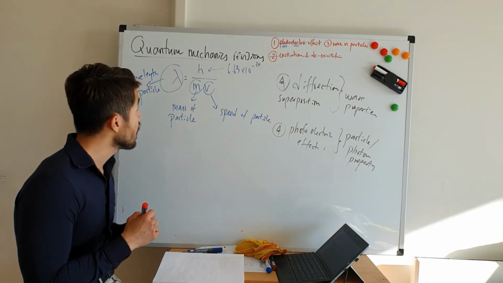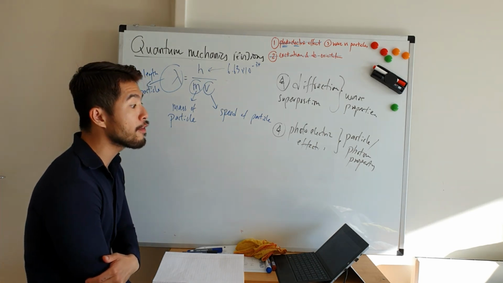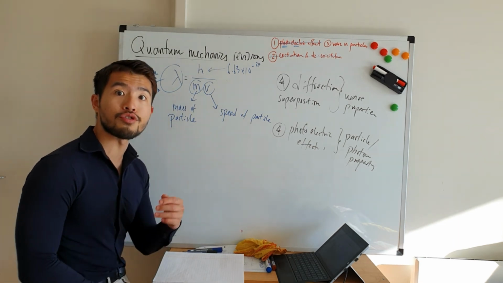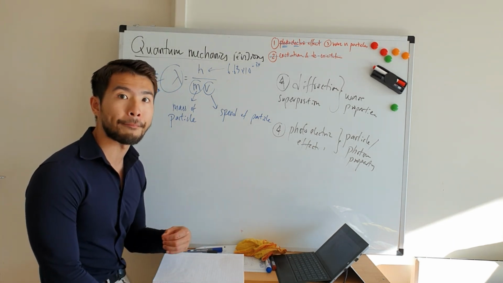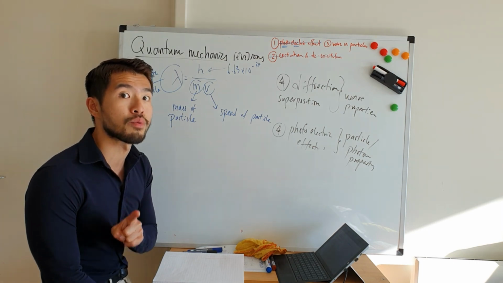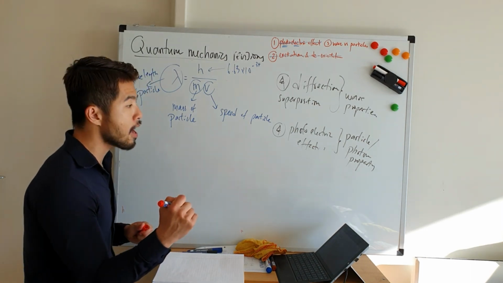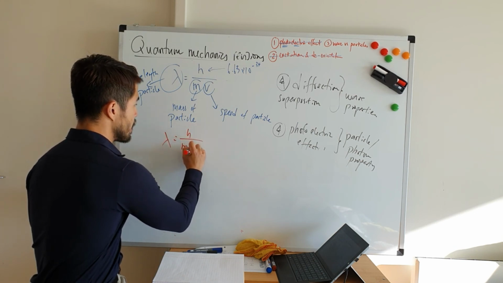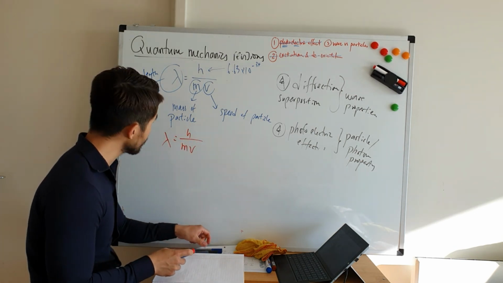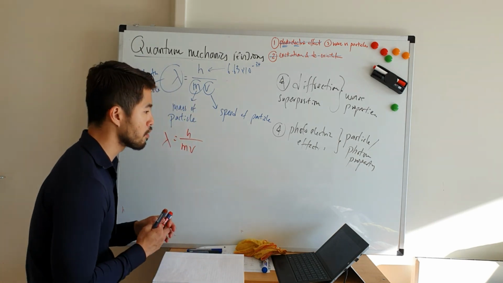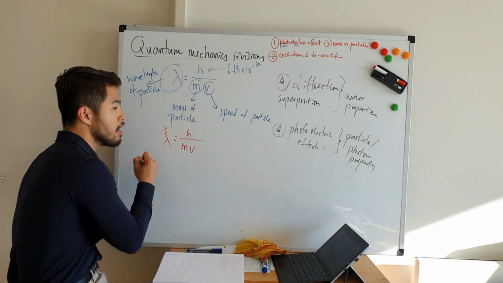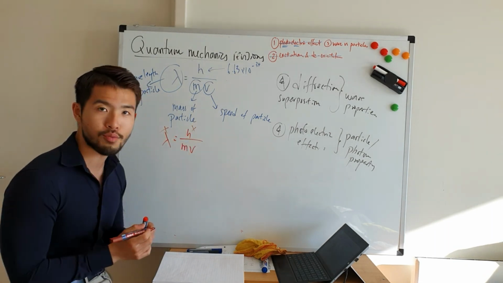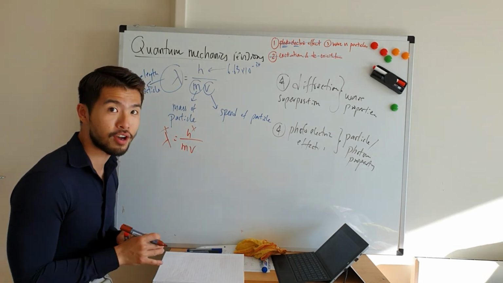Let's rearrange the equation. Whenever you do questions like this, it's a ratio question, because you change something and keep something the same. Let's identify what they changed and what they didn't. Lambda equals h over mv. Did they change lambda? No, because it says it's the same wavelength. Did they change h? No, because it's a constant.